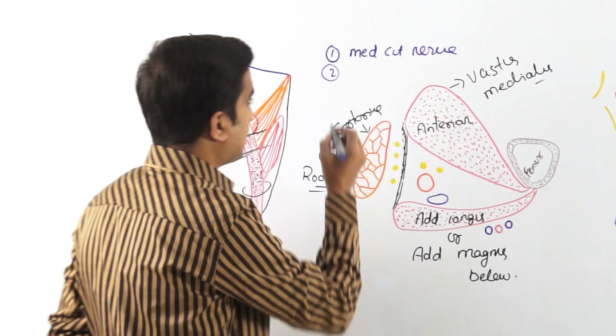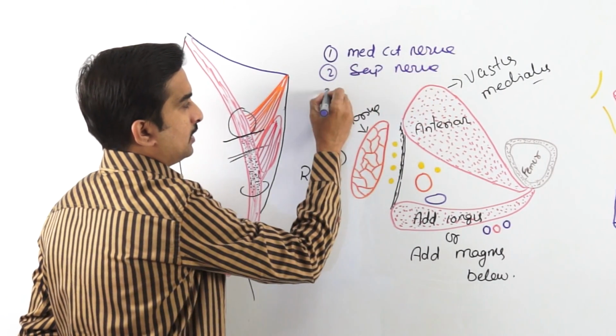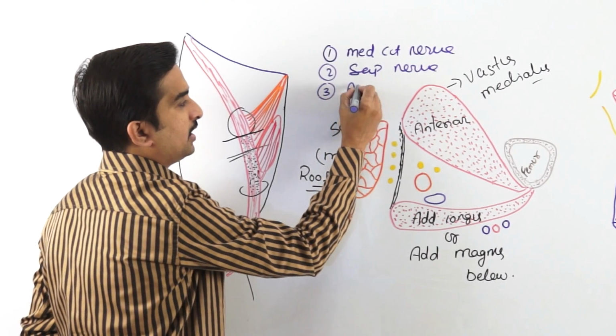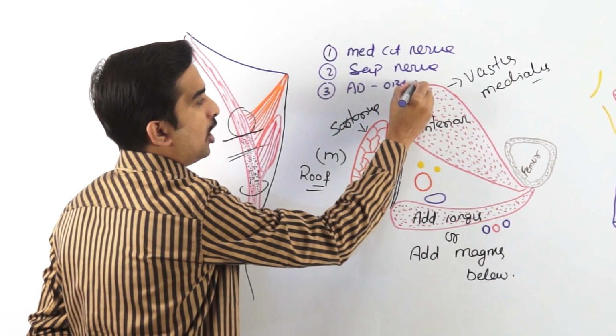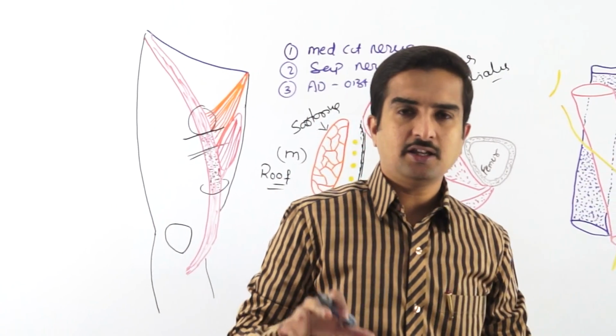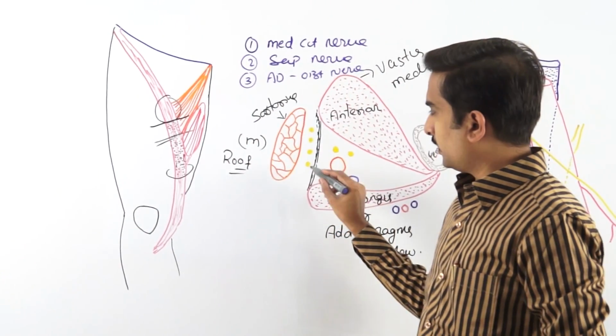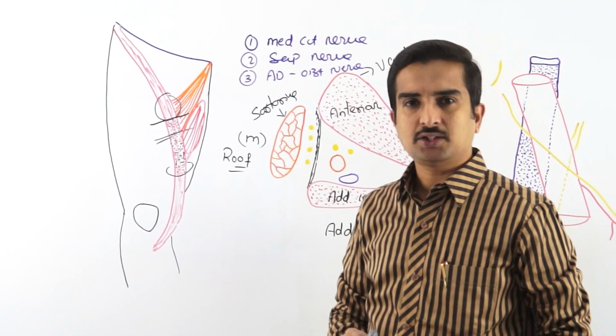Second is the saphenous nerve. And the third is the anterior division of obturator nerve. So these subarterial plexus are derived from these three nerves.